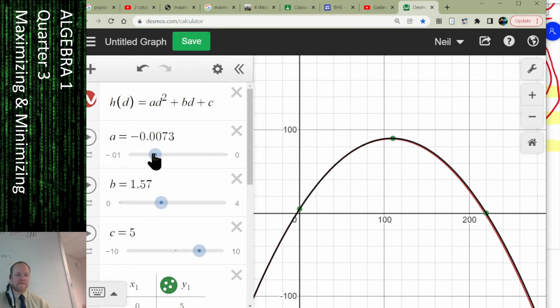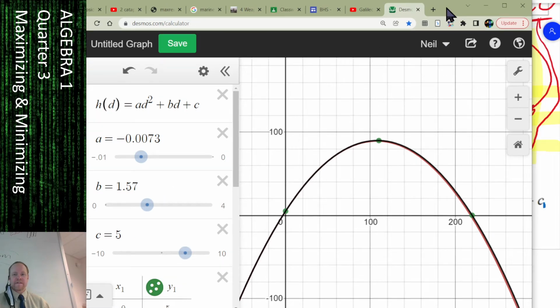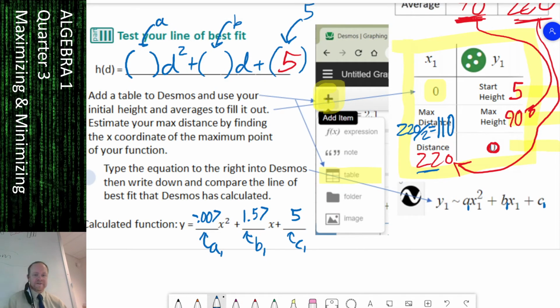Actually, those are really near the same numbers that I have for mine as Desmos calculated. When I had it before, I think I had it as a -0.008, and this was a 1.7. So these should be very similar.